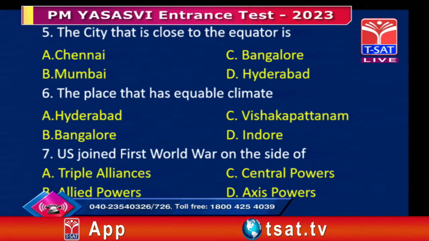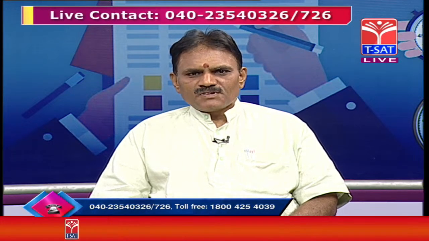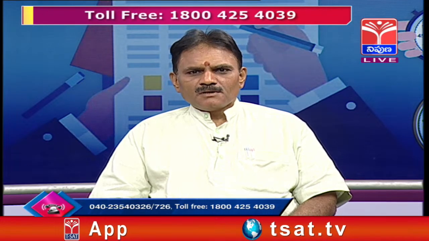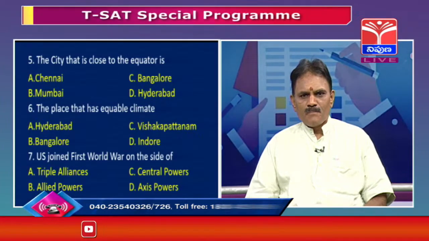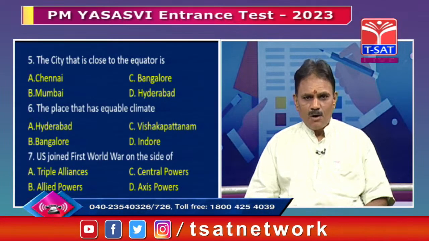Rajendra Kumar sir? Before going to this, the students first have to understand map reading, whether it is a globe or a map. They have to observe very closely which countries are near the equator or which countries are on the equator.